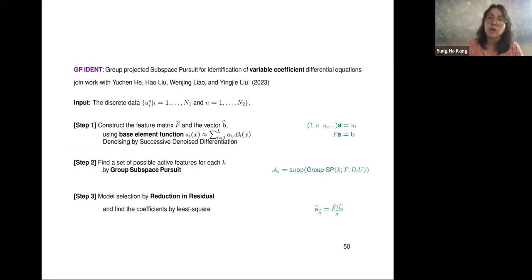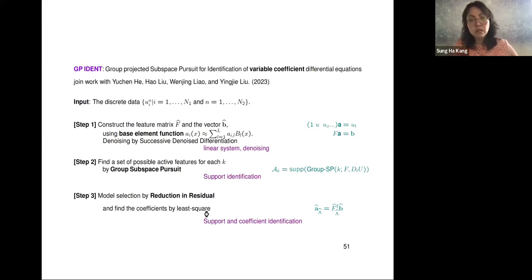Now we have a similar setup of basis elements, so you have the finite element to represent, but the denoising is done by SVD, the extension from the robust ident. We have an SVD, and now we use group subspace pursuit for that. Even after this, we need a way to find which one is the right sparsity, so we do the reduction in residual. So this is a consistent theme.